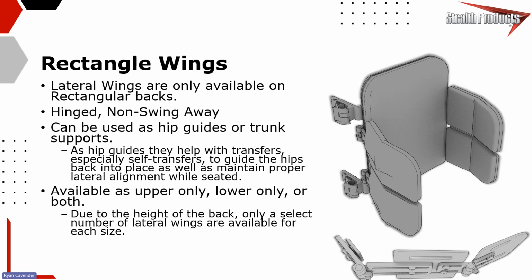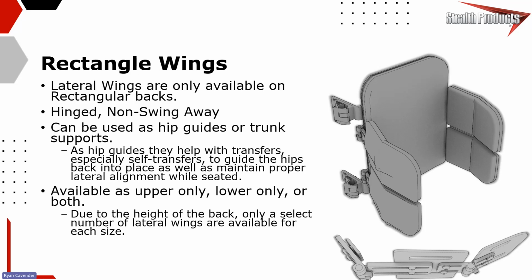As just a lateral support in general, you can use these as upper sections, lower sections, or both, like we have in this rendering. You can also mix and match these with more traditional thoracic lateral supports if you need a little bit more precise positioning, things like that, for more customized solutions here.